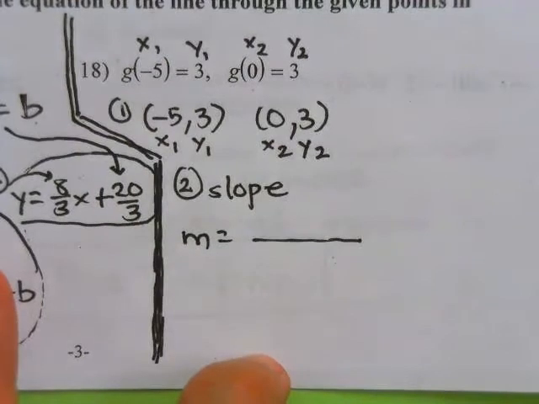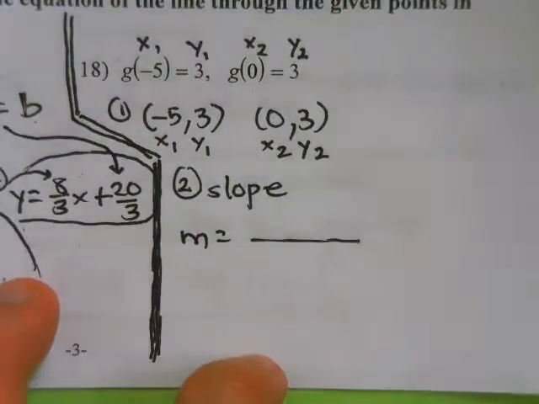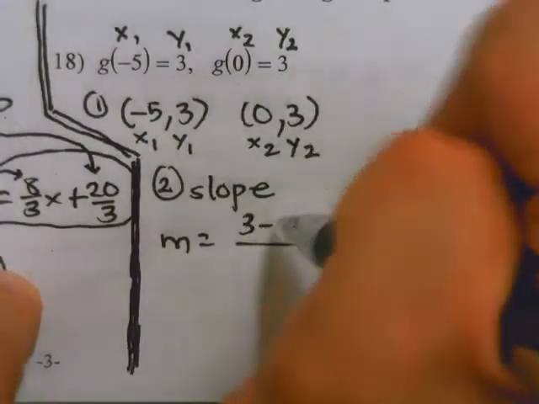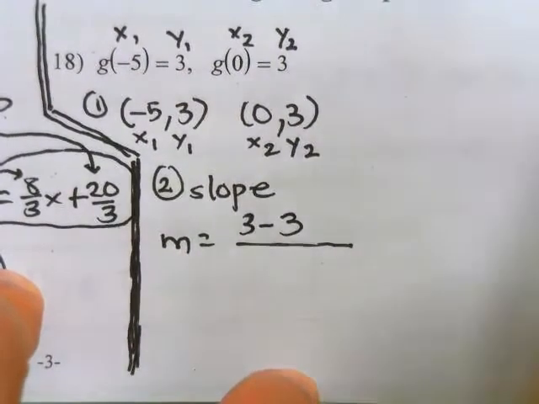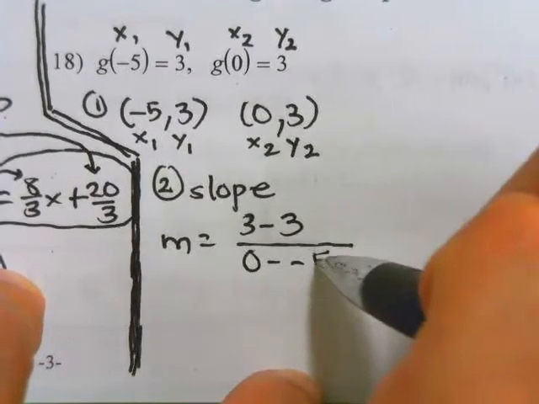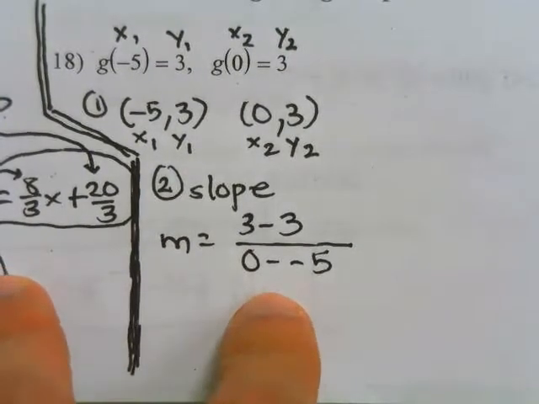You tell me what to write again one more time. M equals 3 minus 3 all over 0 minus negative 5. Or if you were doing x1 minus x2, that would be okay too as well.